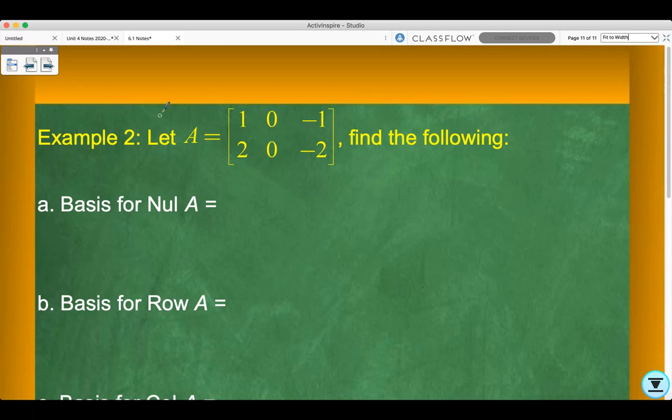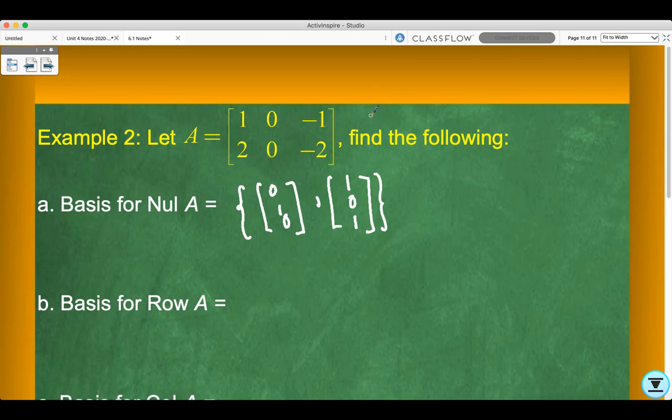Okay, so the basis for Null A would end up being (0, 1, 0) and (1, 0, 1). And therefore, Null A is a plane in R3.